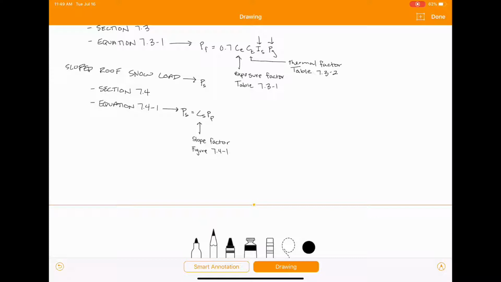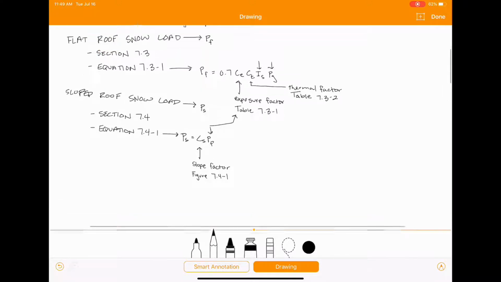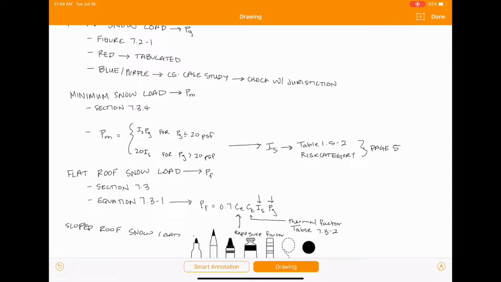And again, this is your flat roof snow load, which was determined from up above. So those are your different types of snow loads.